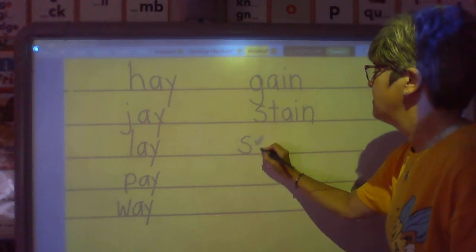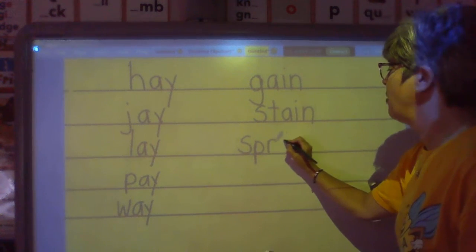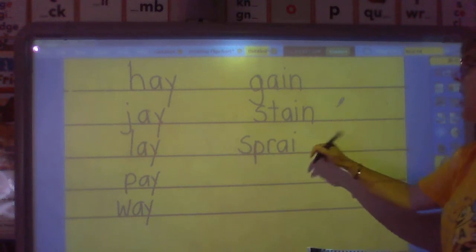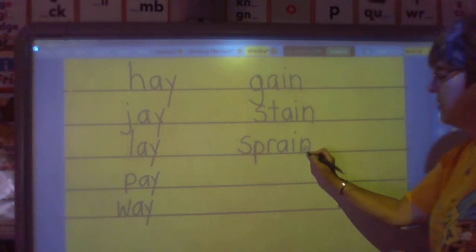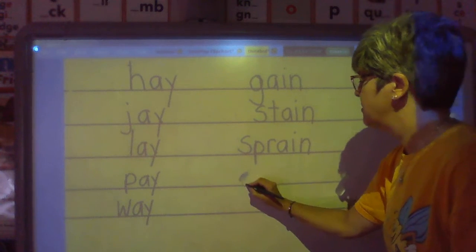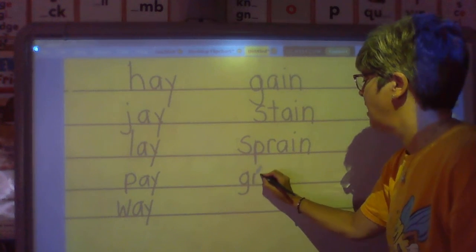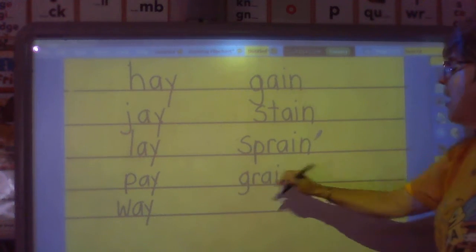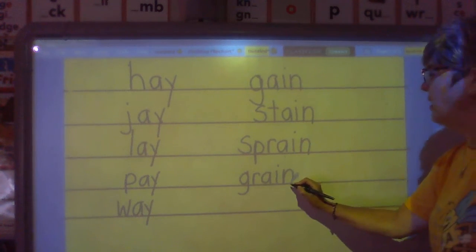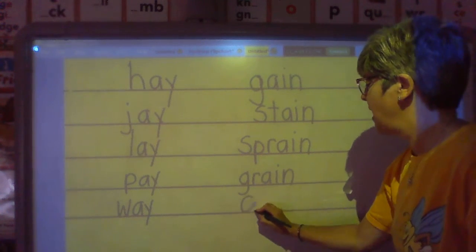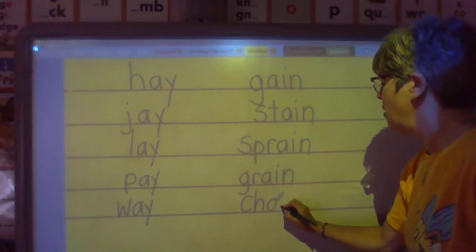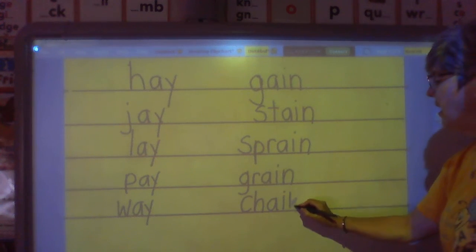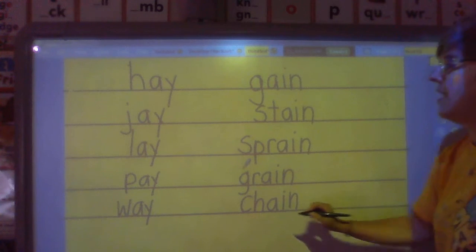Sound, s, sound, p, sound, r, sound, ay. Blend and hold. Sprain. Sound, g, sound, r, sound, ay. Blend and hold. Grain. Sound, ch, sound, ay. Blend and hold. Chain.